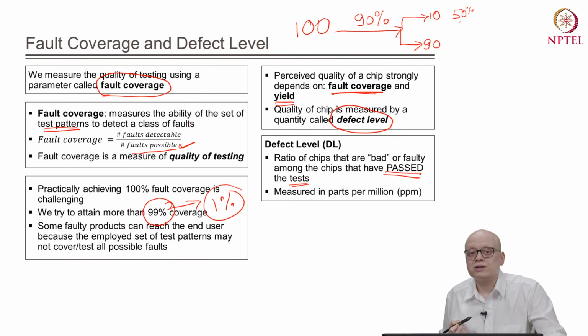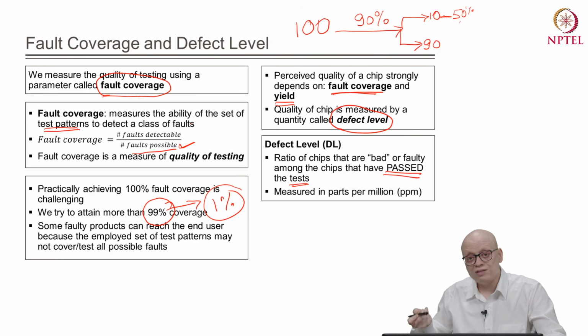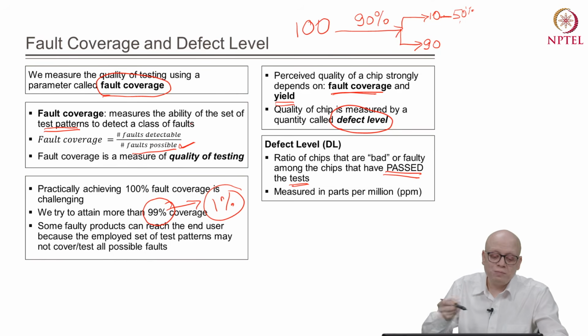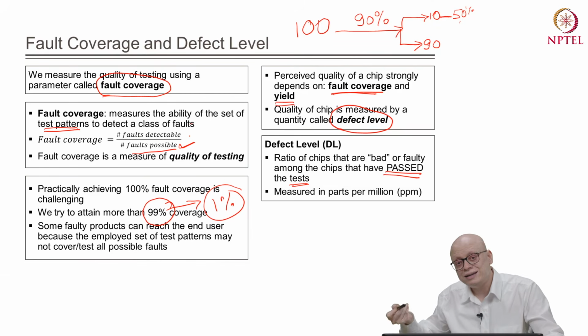Suppose it is 50%. Then out of these defective 10 chips, 50% will be caught because those will be containing those 50% defects which are being tested by the test patterns, and the rest 50% will escape the testing. Those will have the fault, but those will not be captured by the test pattern, and therefore they will go undetected.